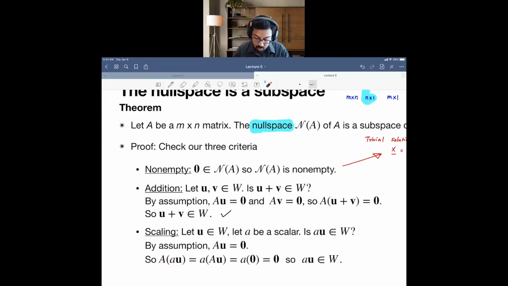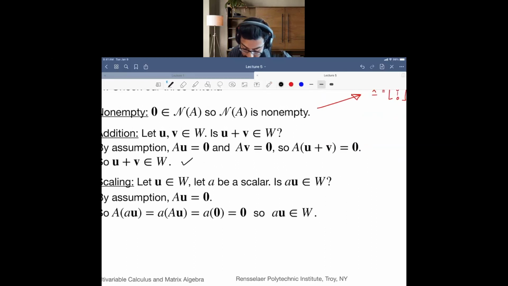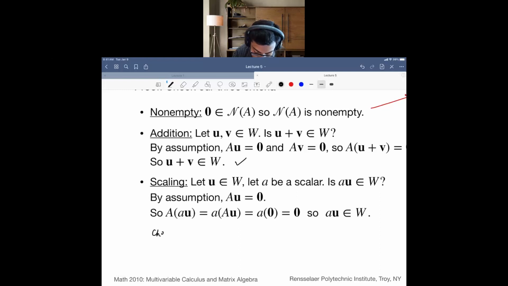What we are checking here is, does A times au equal 0 or not?